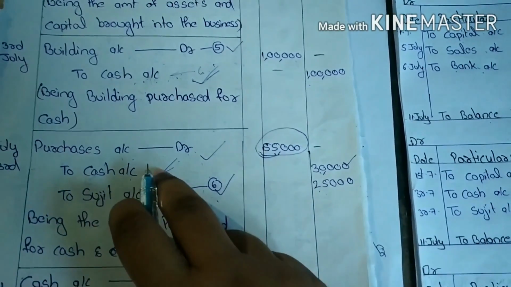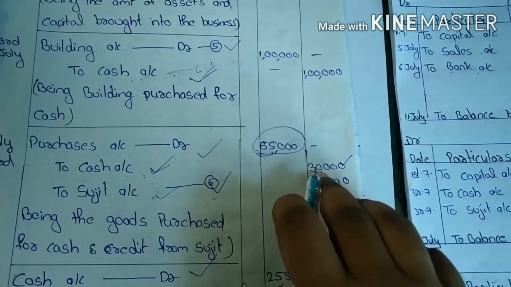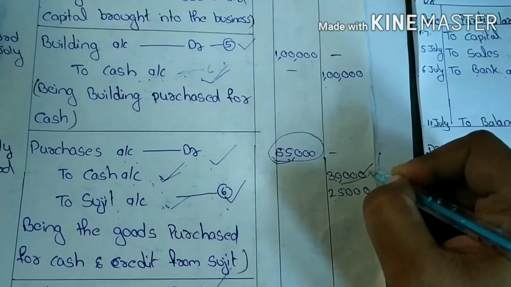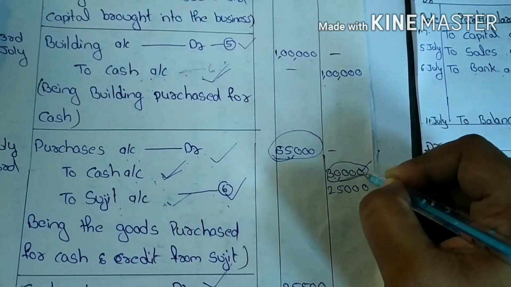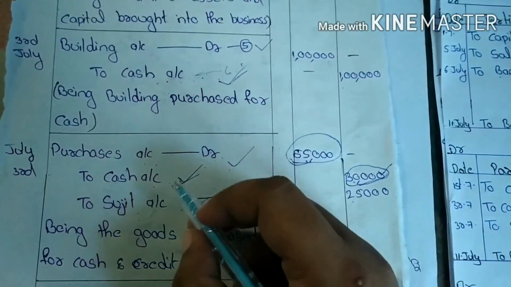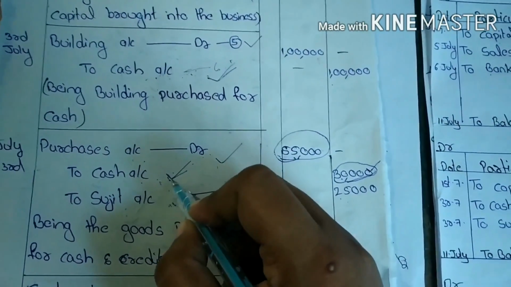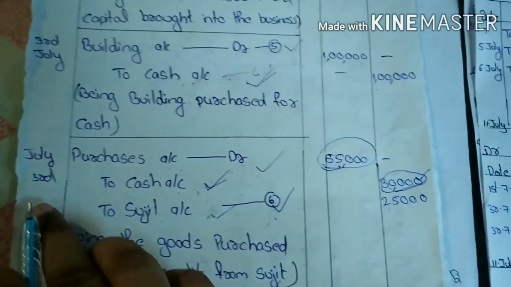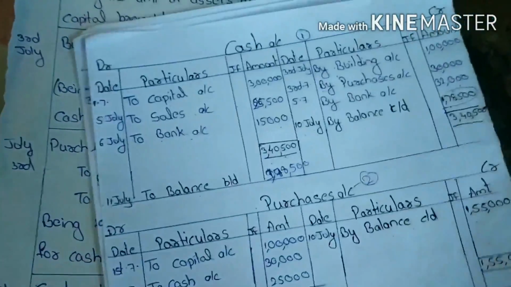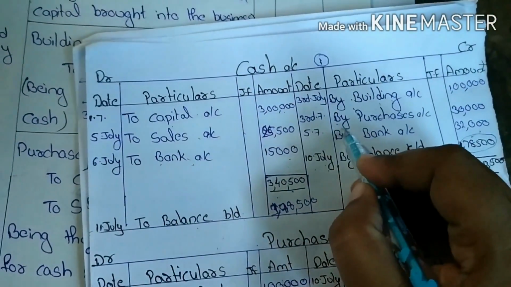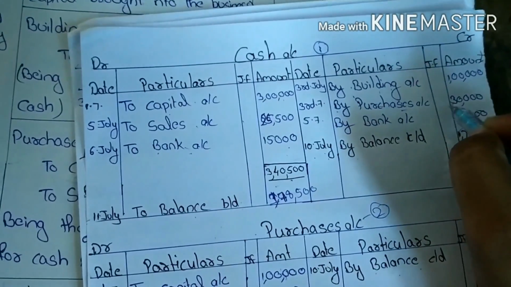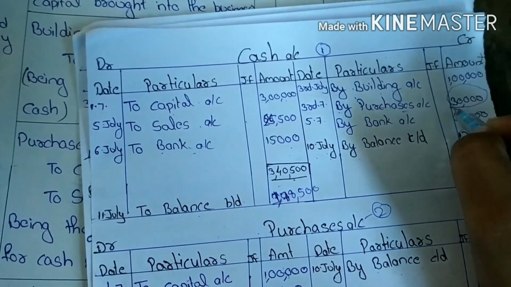So the cash transaction amount here is 30,000, and these 30,000 should be posted in the cash account. See, here the cash account is on the credit side. So on 3rd July, on the credit side, you have to mention by purchases only 30,000, because only 30,000 belongs to cash.